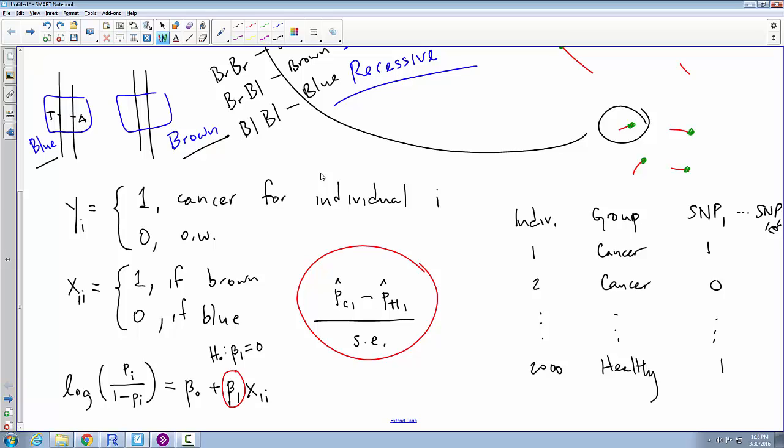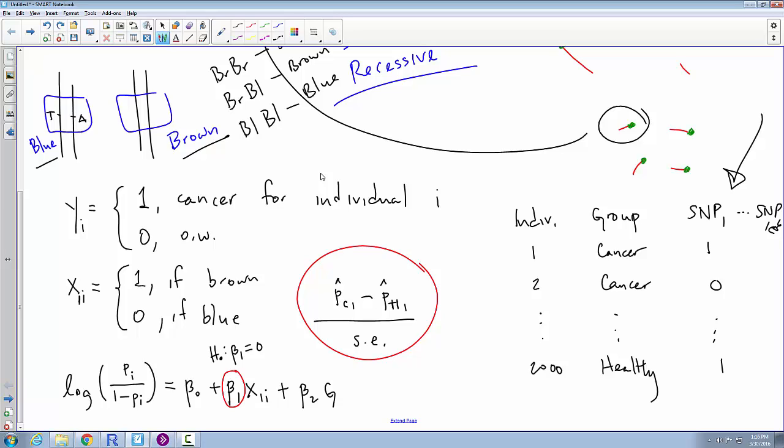The nice thing about thinking of this problem in terms of a regression model, logistic regression, is that suppose you had, in addition to these variables over here, a column for gender and a column for age and race and stuff like that. All you need to do now is add in covariates.